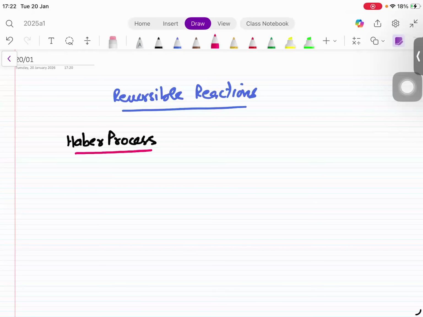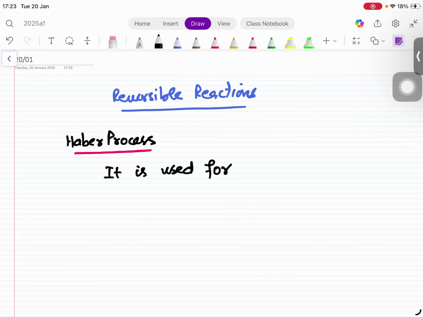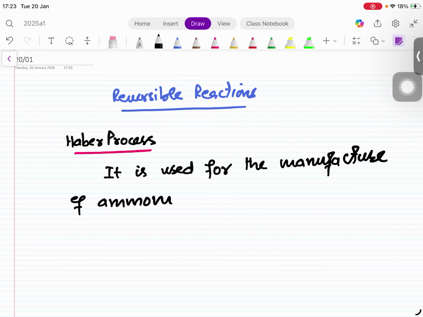In Haber process, it is used for the manufacture of ammonia on a large scale.